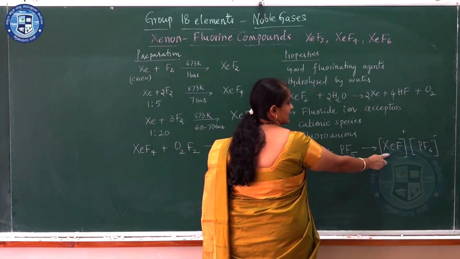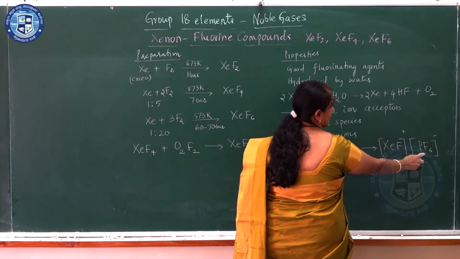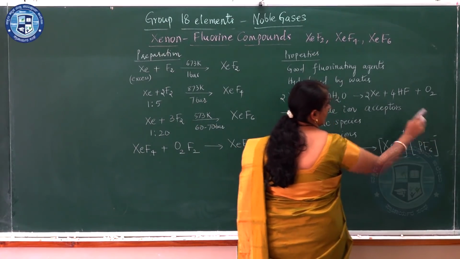See, this is a cationic species with positive charge and an anionic species, generally fluoro anions.